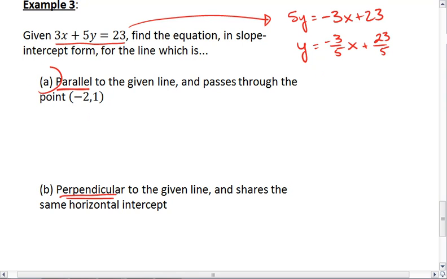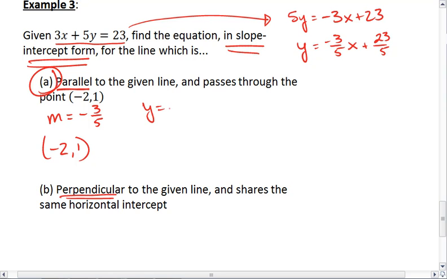For the first part, we want a line that is parallel to it, which means the slope needs to also be -3/5 and passes through the point (-2, 1). The question did ask for it in slope-intercept form, so we will use that form.